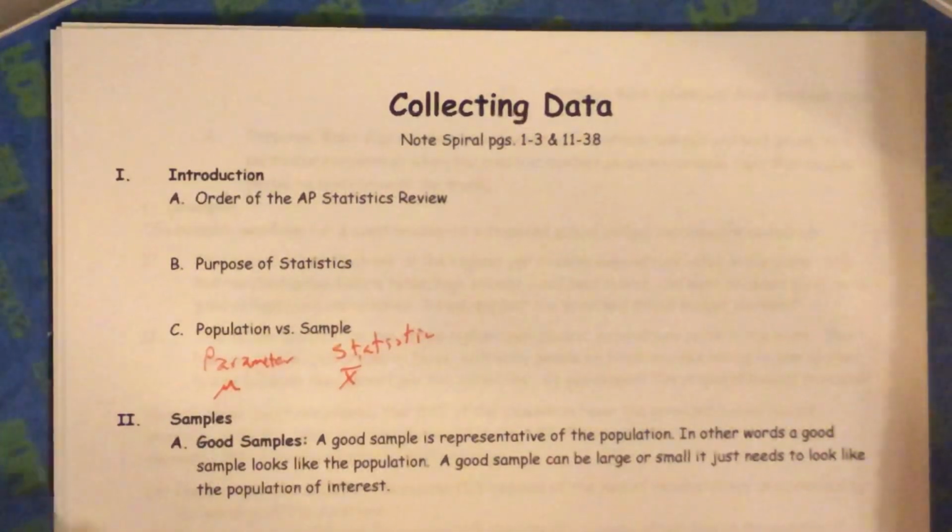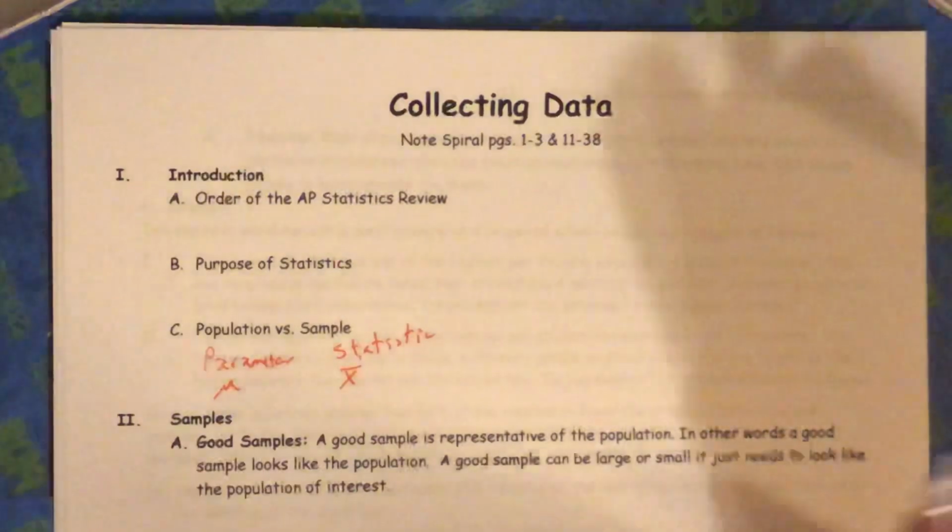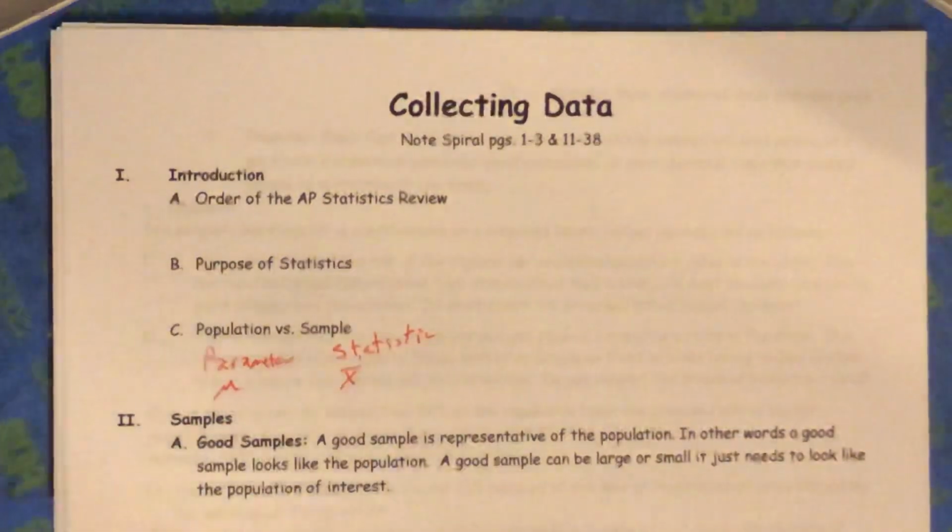In other words, a good sample looks like the population, and the more it contains the elements of the population, the better our decisions, the better our inferences will be. A good sample could be small, or it might be very, very large. It just depends on the diversity of the population.